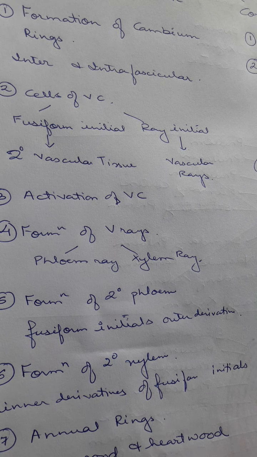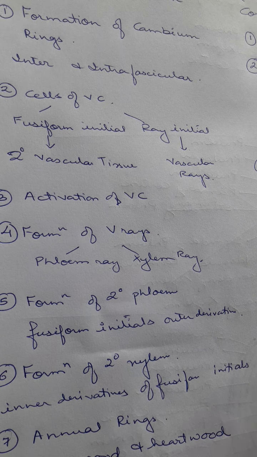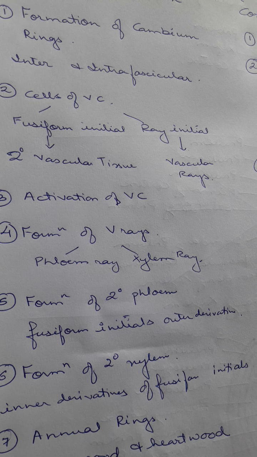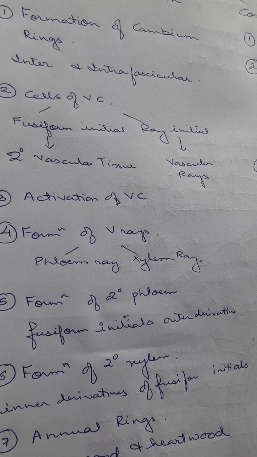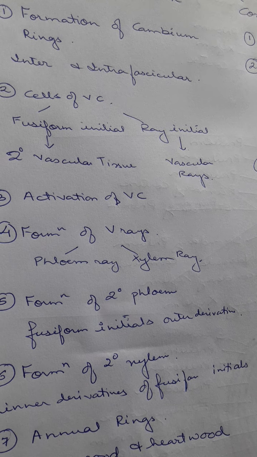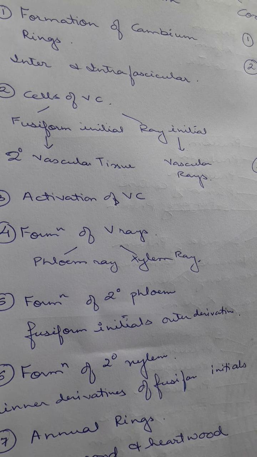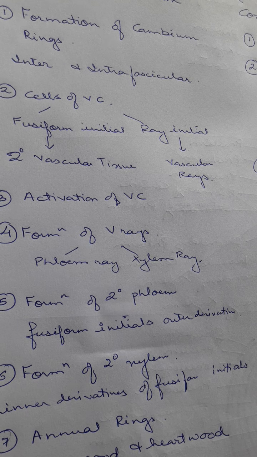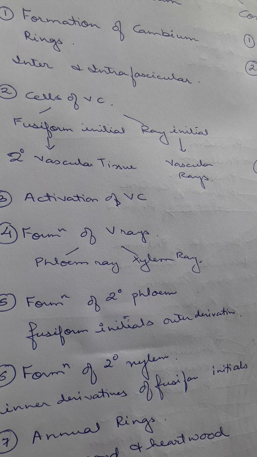This phloem also possesses sieve tube, companion cell, phloem parenchyma, phloem fibers. Okay, so their functions are all similar to that of the primary cells. They will help in conduction, mechanical support, and the phloem parenchyma will store food. So all these functions are similar only.